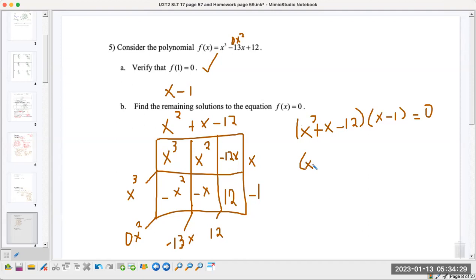It'll be x minus 3, x plus 4, and you have your x minus 1. So your solutions are x equals 3, x equals -4, and x equals 1.